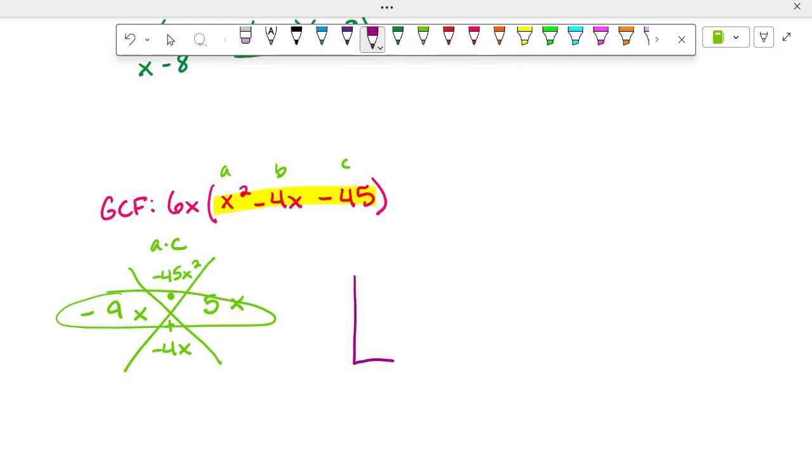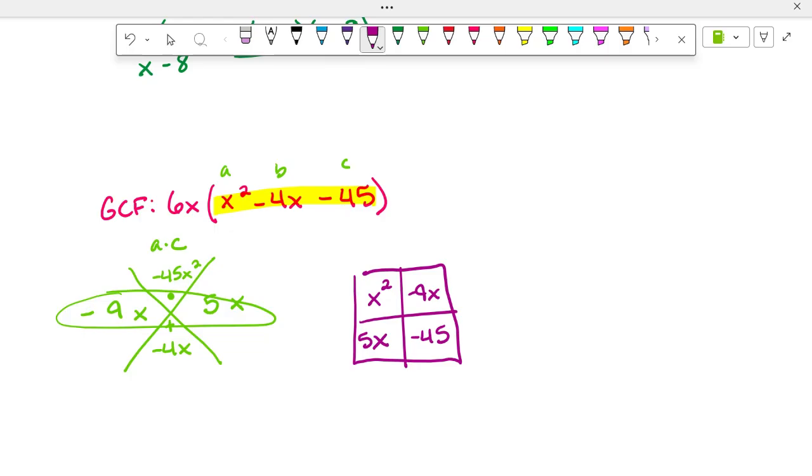Reverse box. What goes in the top left? X squared. Bottom right? Negative 45. What goes in the other two boxes? Good. And again, it doesn't matter which one you put. You could put the negative 9x where the 5x is. It doesn't matter.